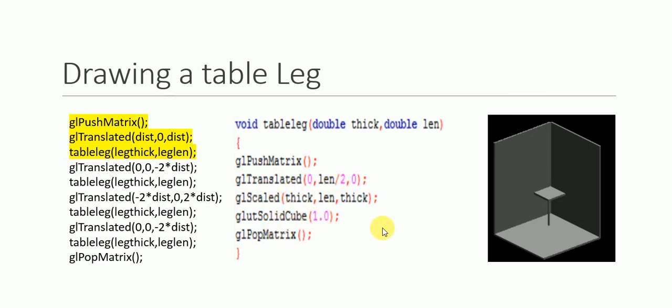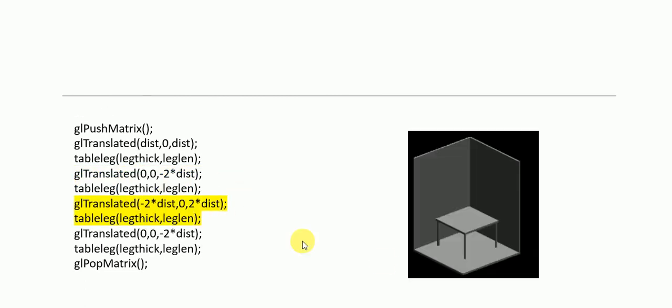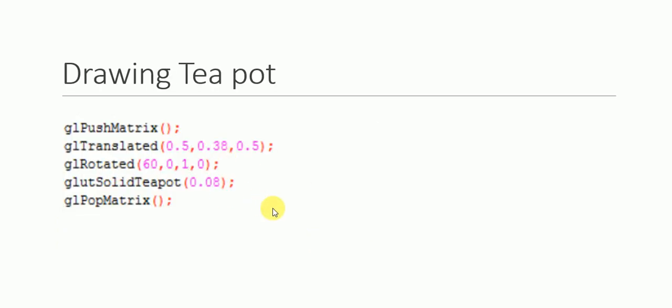It is also a solid cube, and it is scaled up like a leg, and it is translated with the length. This is the length it is translated, and this is the first leg, and the next leg is shown here based on this information. Third leg, and the fourth leg which is not seen, which is the back side.